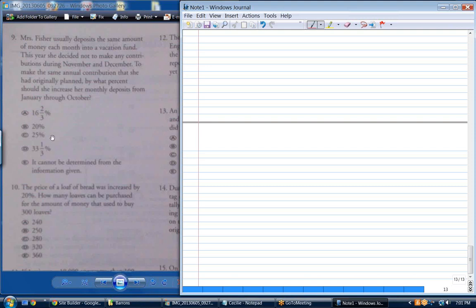Mm-hmm. So give me a number that she might deposit every month into this vacation fund. $100. Okay, so over the course of the year, she would want to deposit $1,200 if she was going to do $100 a month.